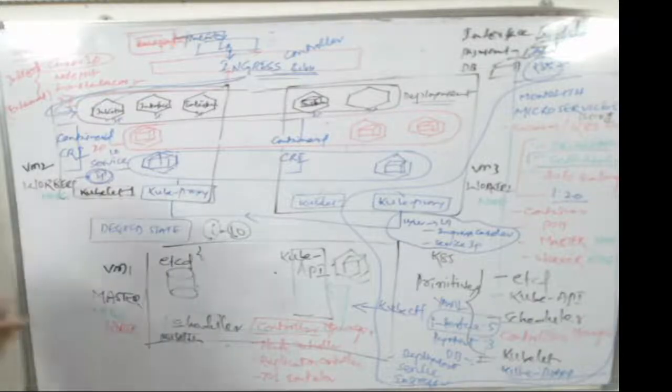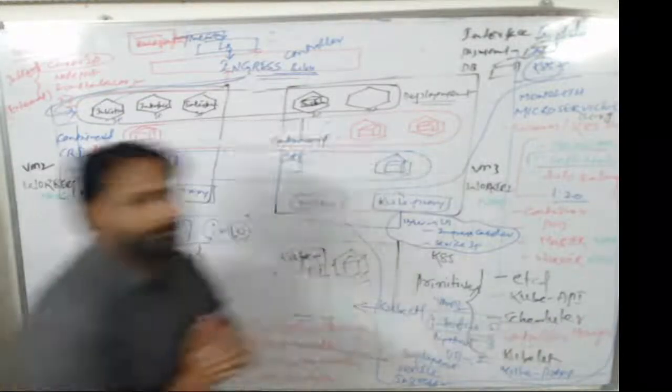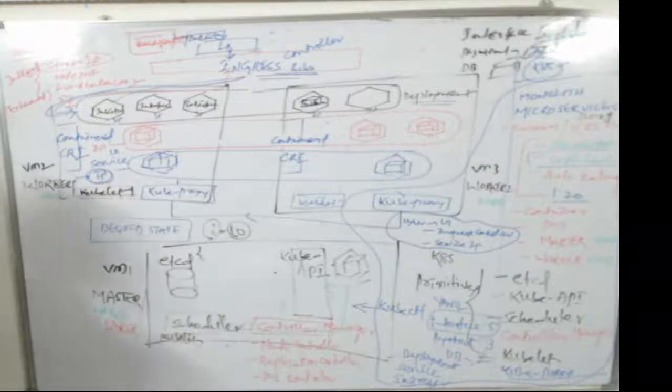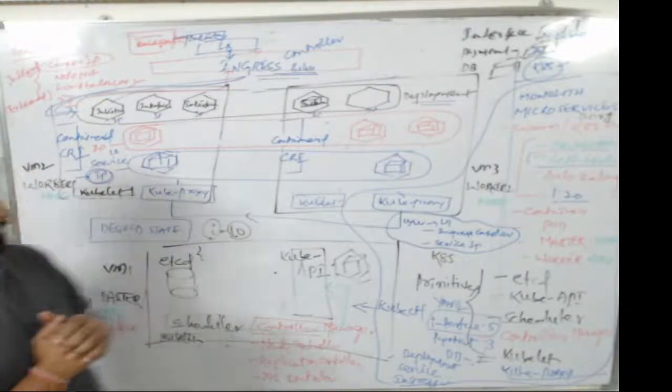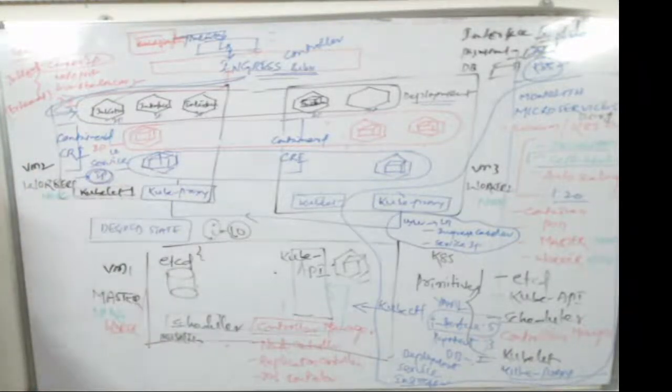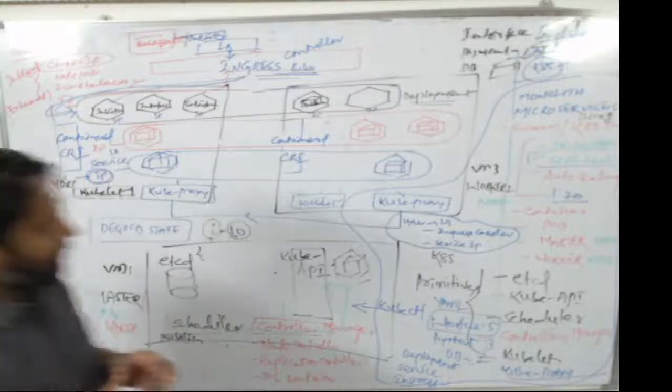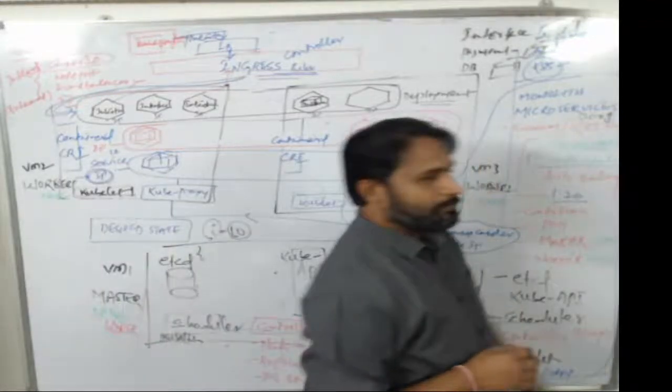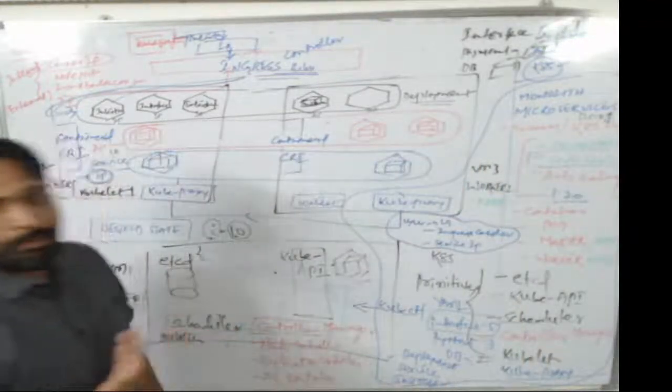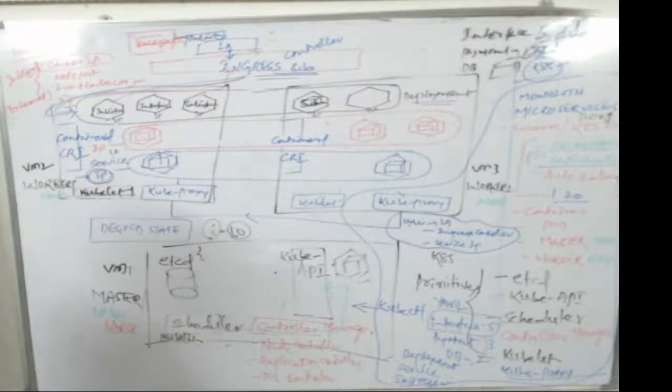The third primitive is scheduler. The scheduler schedules the pods. The fourth primitive is controller manager. It manages all the controllers.